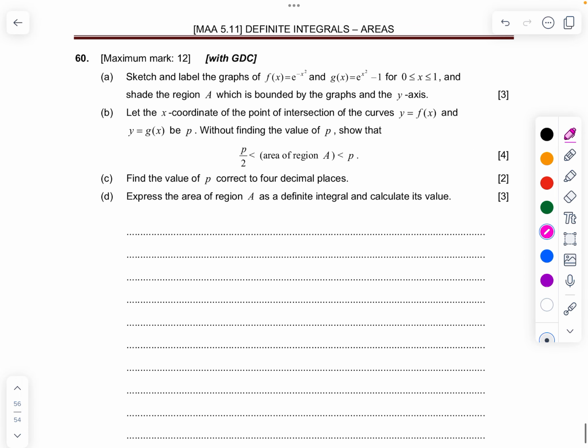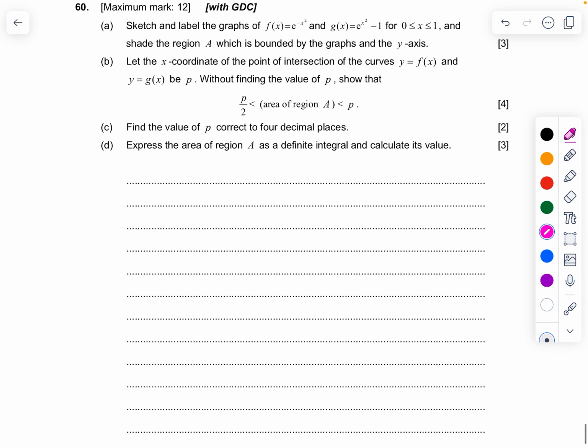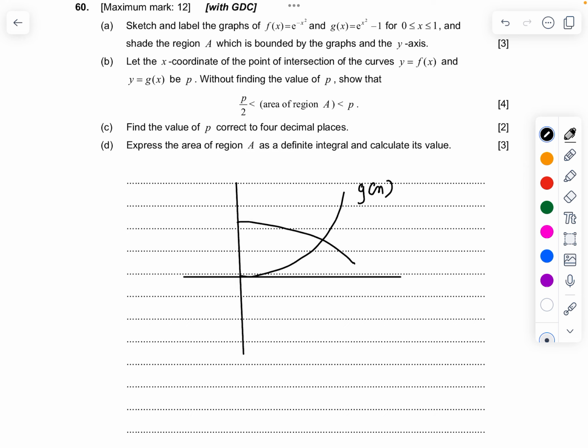Last question, question number 60. Sketch and label the graphs of y equals f of x equals e power minus x square, g of x equals e power x square minus 1, and shade the region, graph and y-axis. So this is g of x in this way and this is f of x in this way.